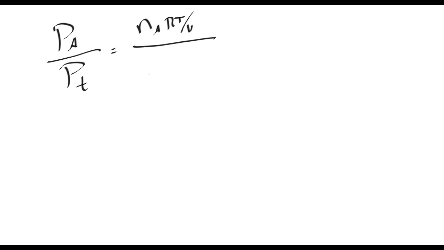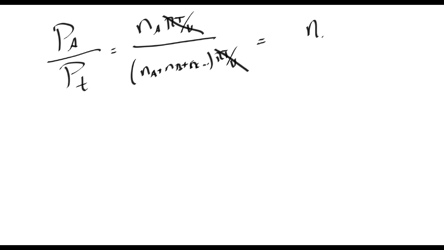Because PA over the total pressure is equal to NA RT over V divided by NA plus NB plus NC times RT over V. Cancel out the RT over V, because that's the same thing.